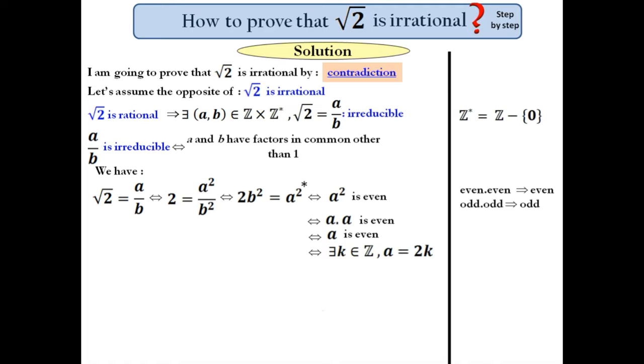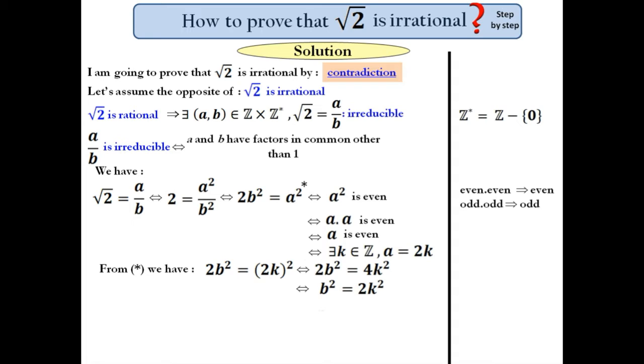So let's say some integer k, then we can rewrite this expression indicated by star as 2 times b squared is equal to (2k) squared, and then we can write that 2 times b squared is equal to 4 times k squared, and then you divide both sides by 2, you get b squared is equal to 2 times k squared.